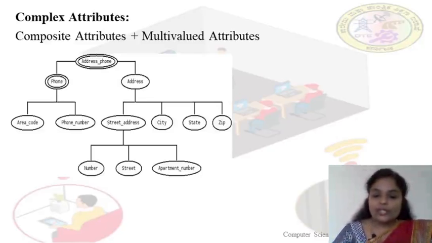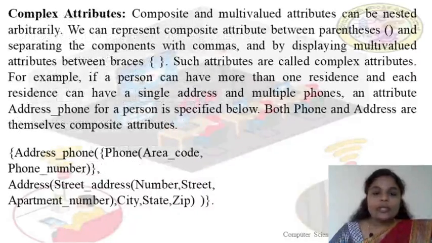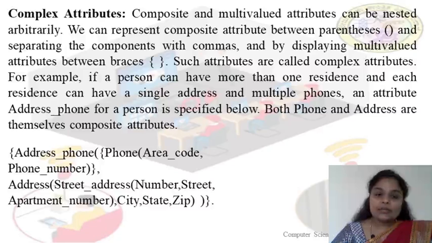Let's go for the definition. Here complex attributes means composite and multi-valued attributes can be nested arbitrarily. We can represent composite attributes between parentheses, separating the components with commas, and multi-valued attributes between braces.